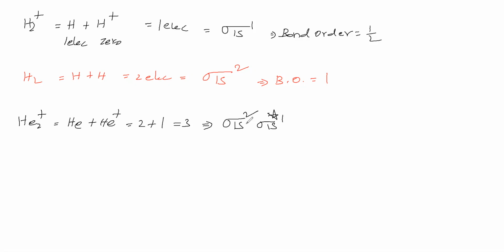Now here, sigma 1s2: these 2 electrons are responsible for bonding, but this 1 electron is responsible for anti-bonding. Anti-bonding means this electron is affecting the bonding electrons. So what is the net effect?